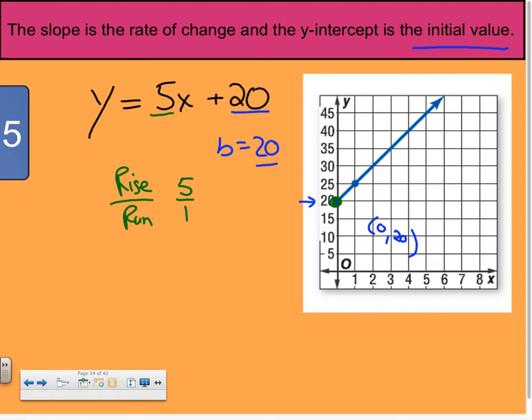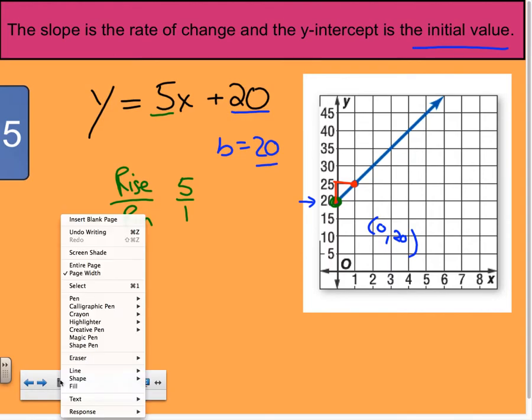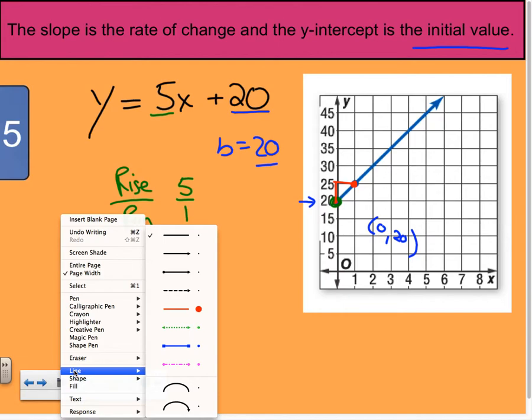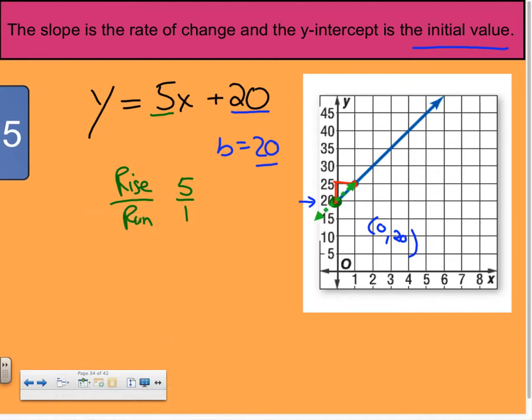If I start at a point that I already have and go up by 5, which the units on the y-axis just happen to be going up by 5, I go up 5 from 20 to 25. Then I run 1 from 0 over to 1, and I have my second point. Once I have my second point, I just get a straight line and I graph it like so.